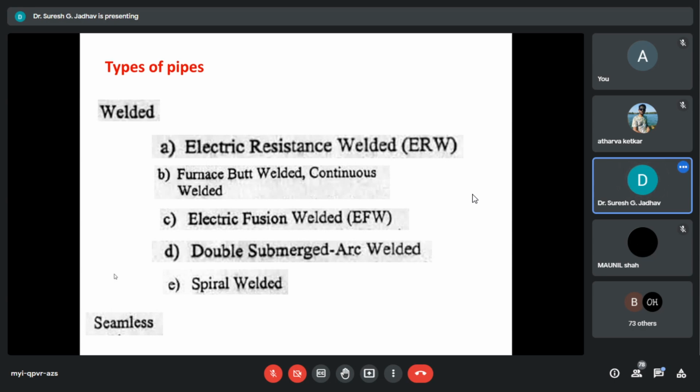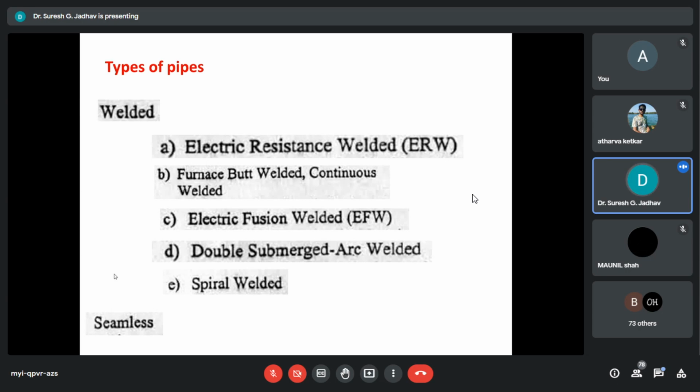So we can use different methods to join the pipes: electric resistance, electric fusion, or double submerged arc welding process.